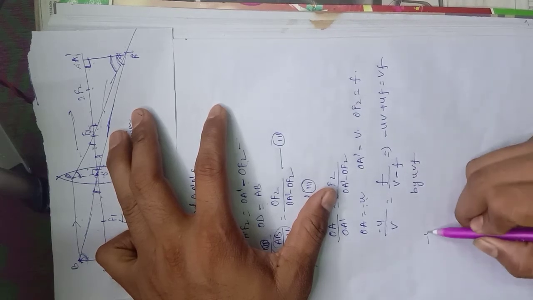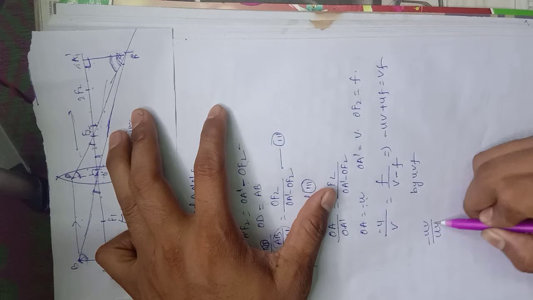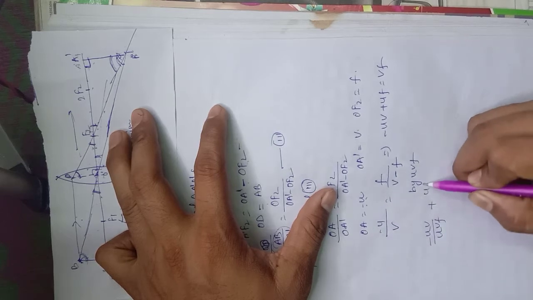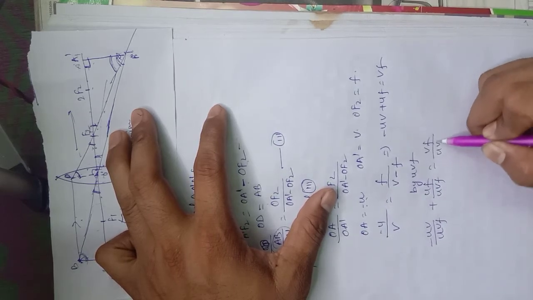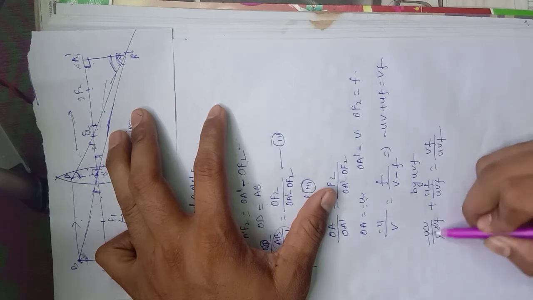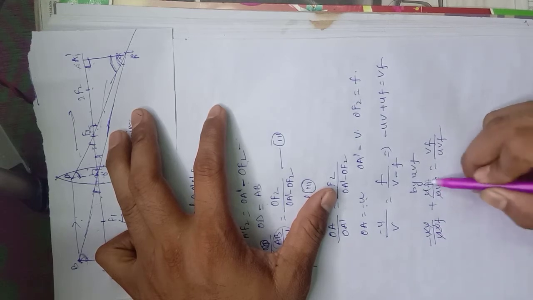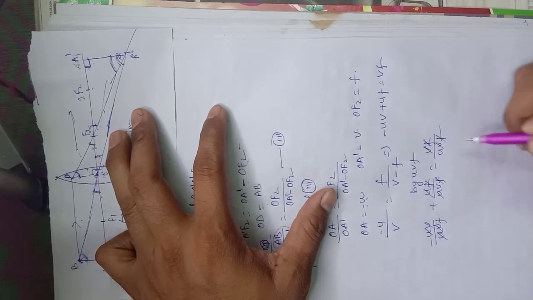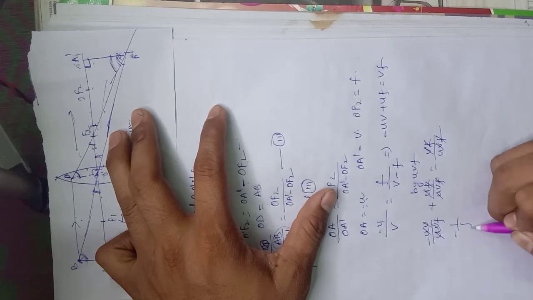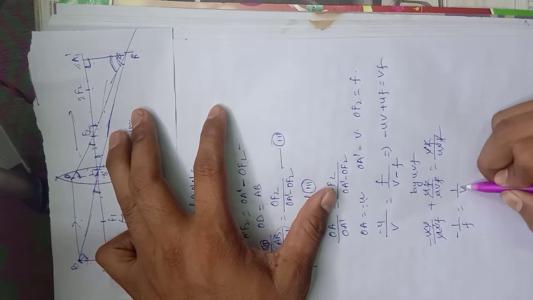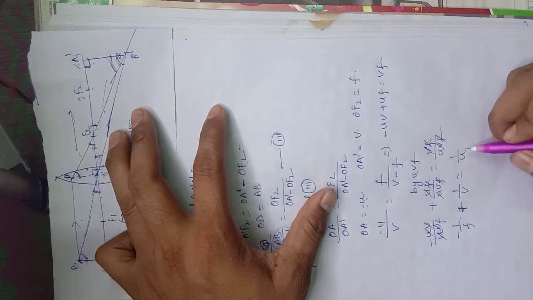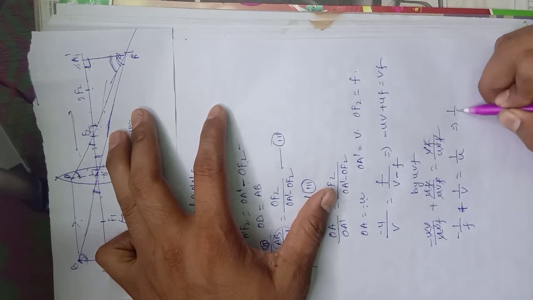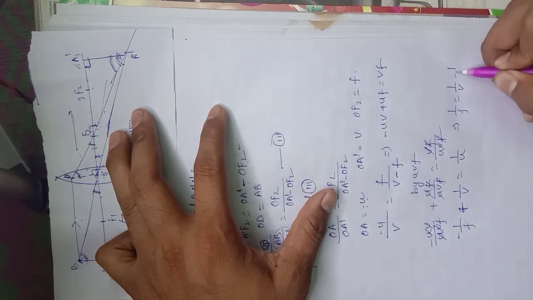So minus uv over uvf plus uf over uvf equals vf over uvf. Here uv cancels, uf cancels, vf cancels. So we get minus 1 by f plus 1 by v equals 1 by u. So we can write 1 by f equals 1 by v minus 1 by u.